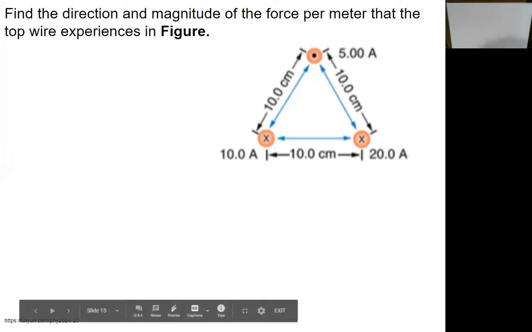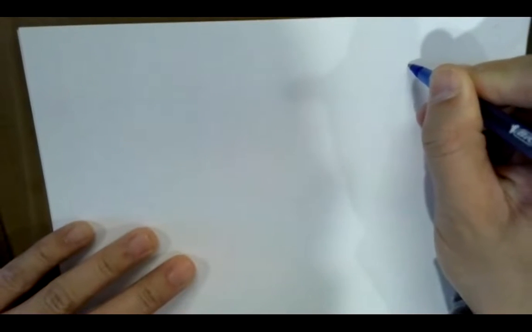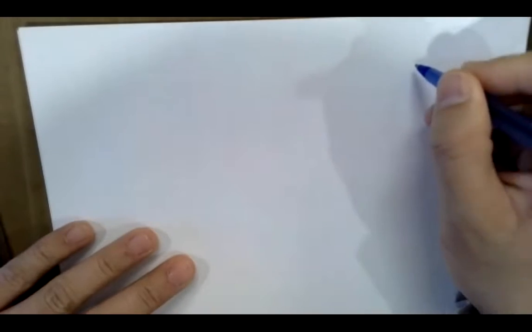Right, so I think you guys can also just try it by yourself first, and then we can take a look at this together. Maybe take a couple minutes to think about how you would solve for this, okay?